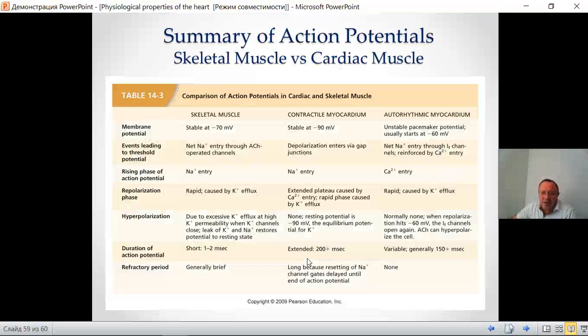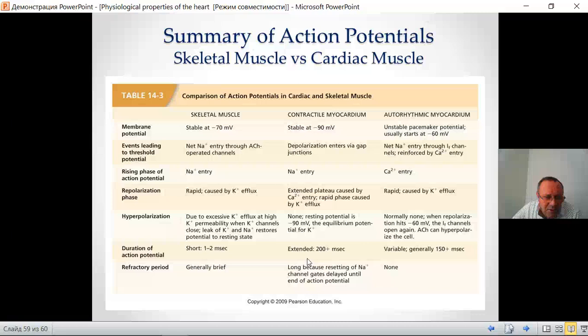Last information about the difference between skeletal and cardiac muscles. Look please at the table. First, information about membrane potential. For skeletal muscles, membrane potential is near minus 70. For contractile myocardium, minus 90.